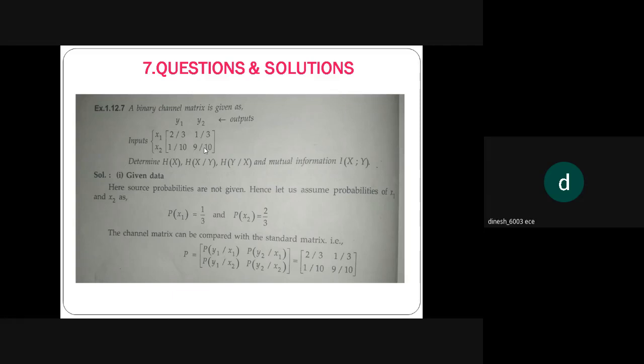So first of all, we'll make a note of the given probabilities or given channel matrix. We'll compare with the standard matrix. P is equal to P of y1 over x1, P of y2 over x1, P of y1 over x2, P of y2 over x2, which is equal to the given transition matrix as it is. So write as it is.